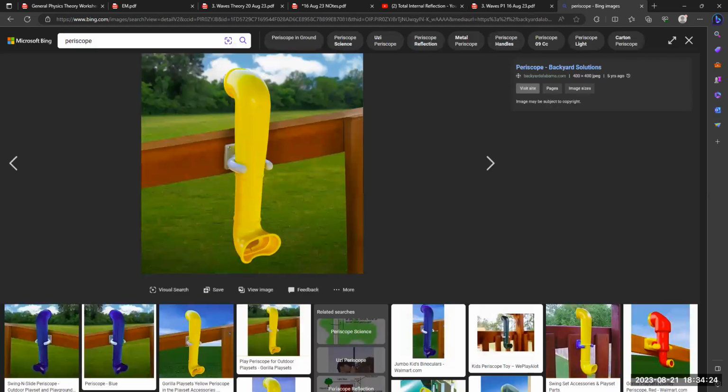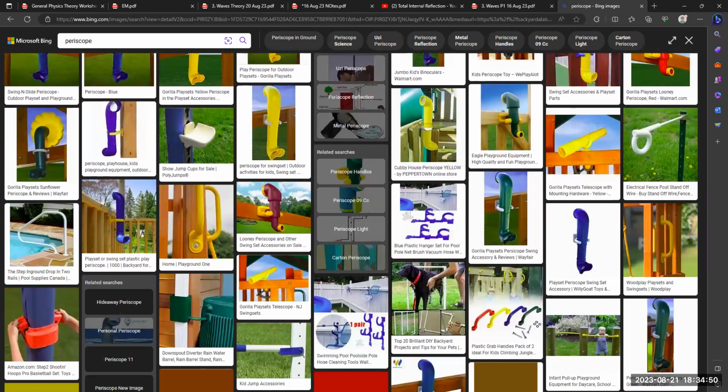Let's suppose you want to observe above or through a wall, so you use this periscope, because it works the same as in a submarine, which is under the surface of the water. If you want to observe something over the surface of the water, you just lift this periscope from the submarine, and that gives you a clear vision of the upper surface, right?